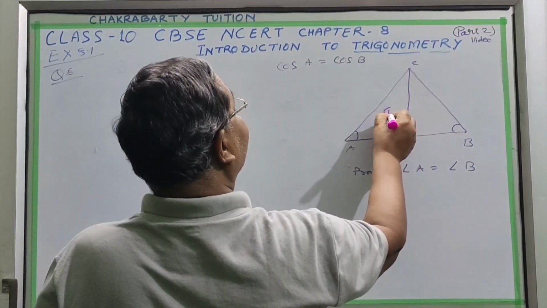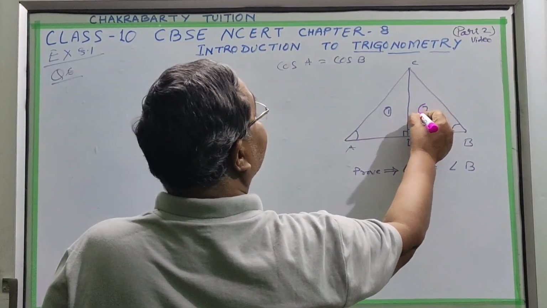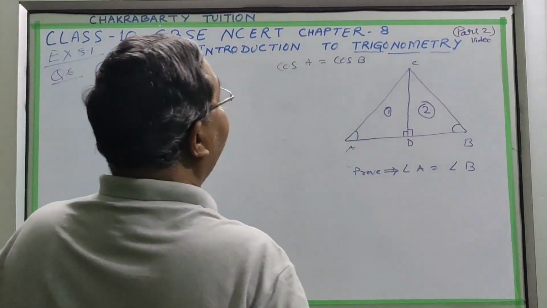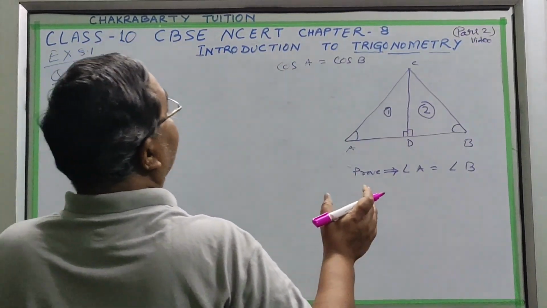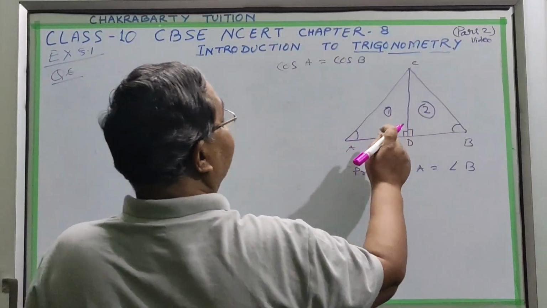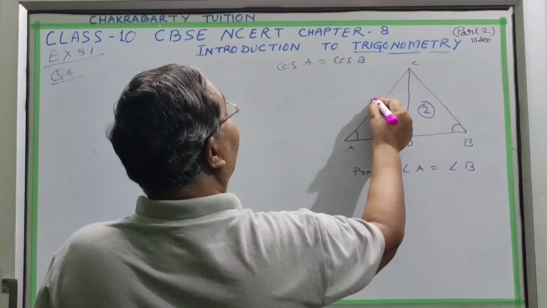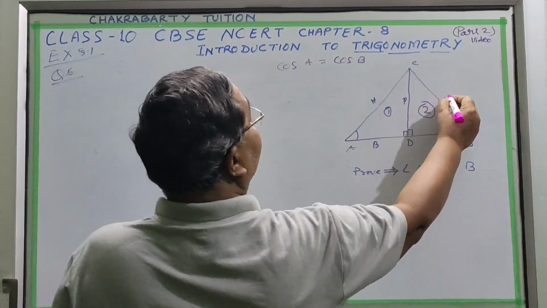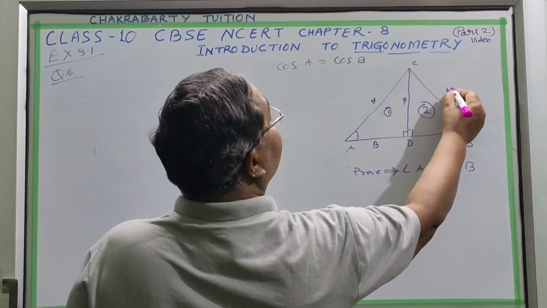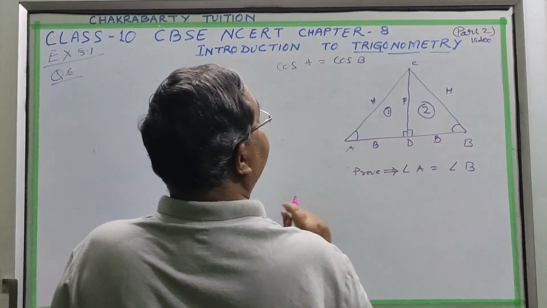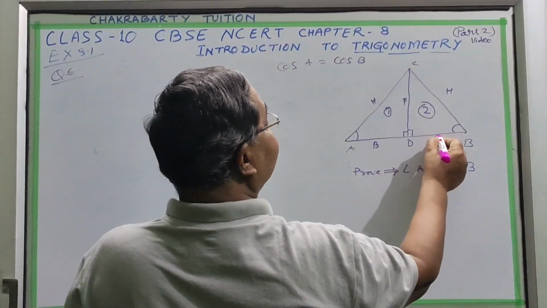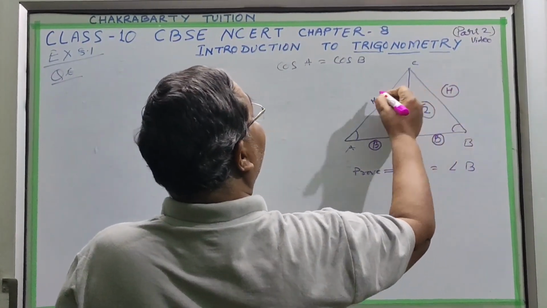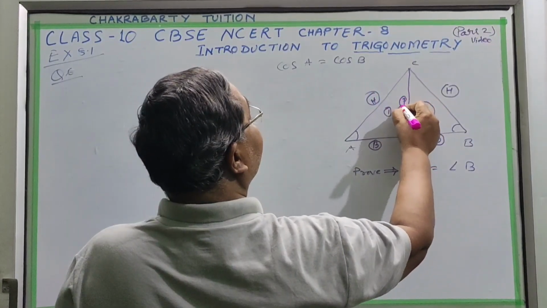Suppose this is triangle 1 and this is triangle number 2. Two triangles are there. For cos A, this becomes your hypotenuse, this becomes your base, and this becomes your perpendicular. And for the other, it is the hypotenuse, the base, and this is your perpendicular.